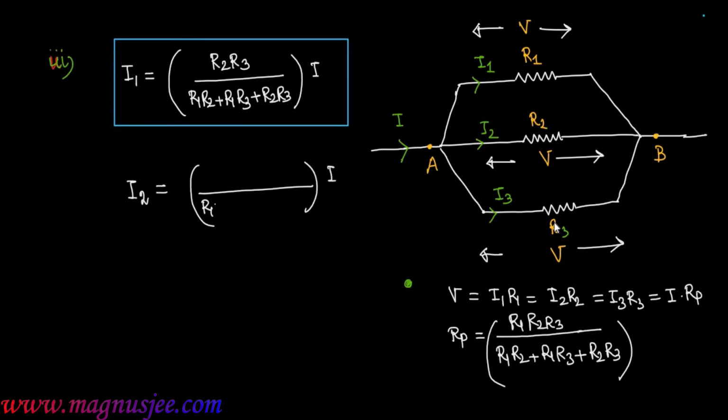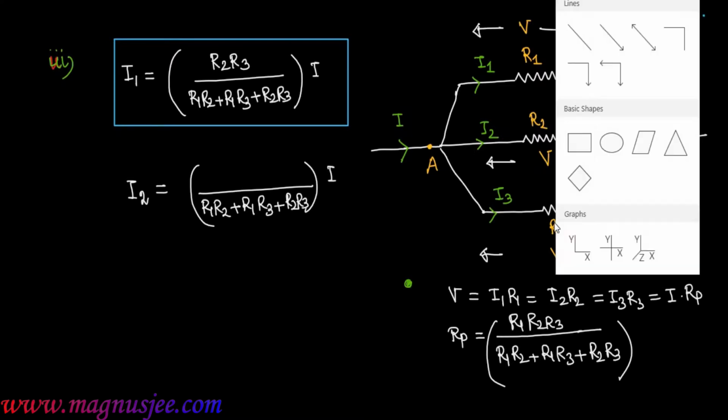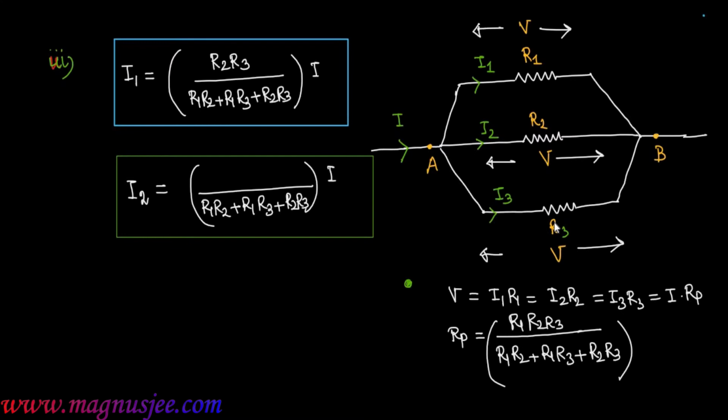Similarly, current flowing through the resistor R2 is I2, which is something divided by R1 R2 plus R1 R3 plus R2 R3. In the numerator of the expression for I2, there should be R1 into R3.